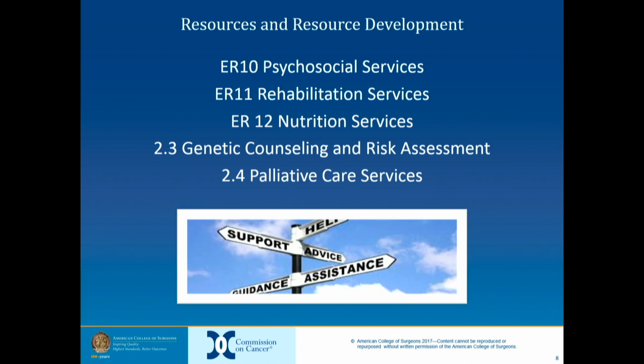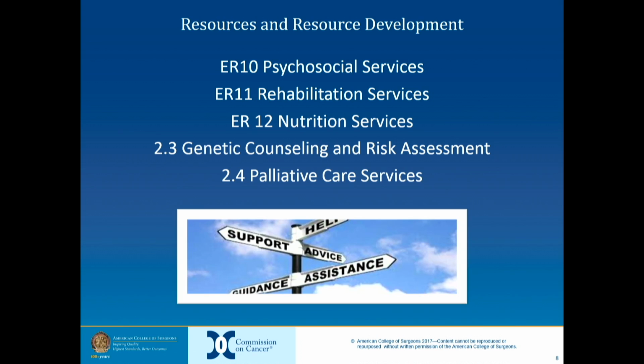The list of standards above indicates which categories require resources to be identified. In eligibility requirement 10, the Commission requires programs have psychosocial services to address physical, psychological, social, spiritual, and financial needs as a matter of program eligibility prior to seeking accreditation.